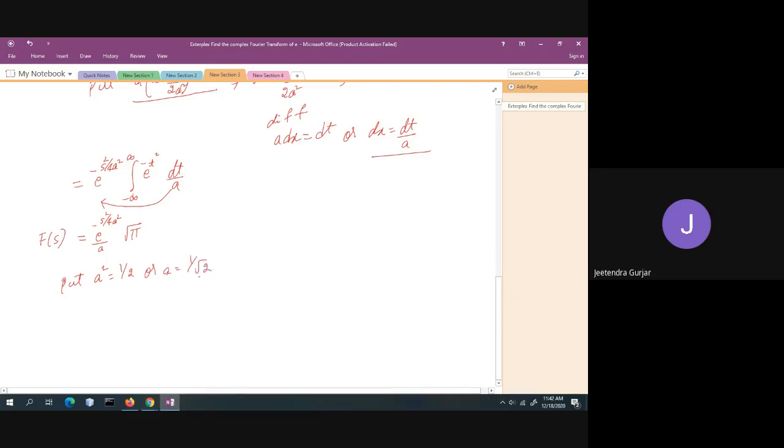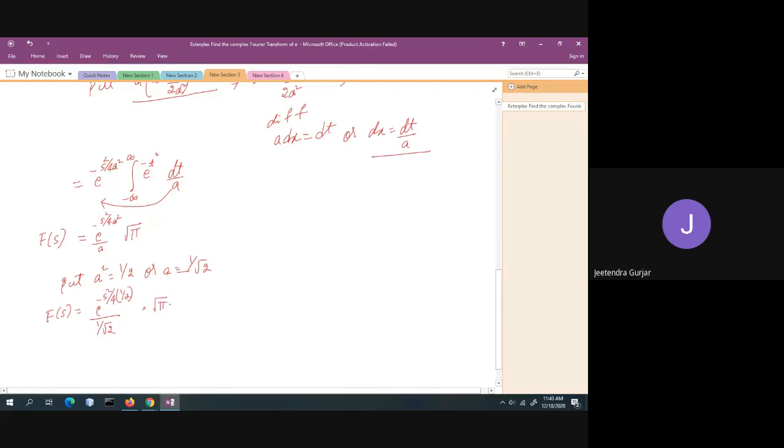I will substitute these two values. So now f of s is equal to, wherever a square is there, it will be 1 upon 2. So this is minus s square upon 4 times 1 upon 2. A will become 1 upon square root 2 into square root pi.